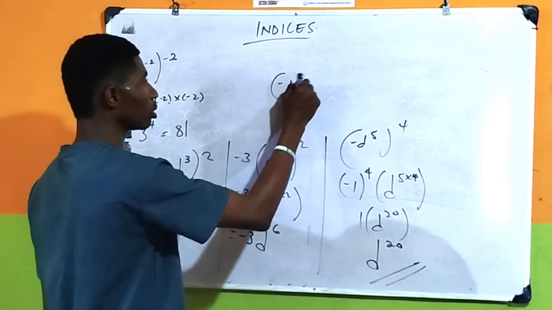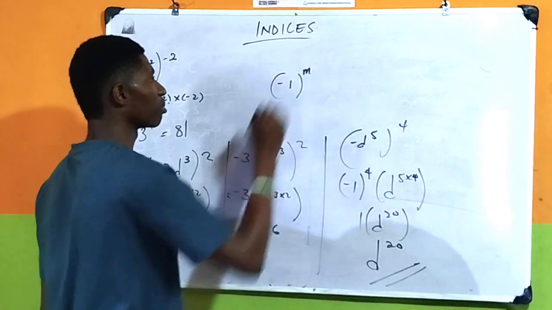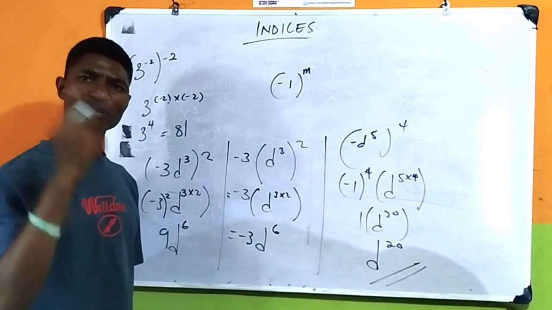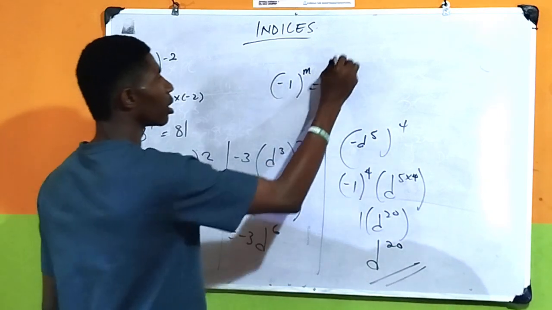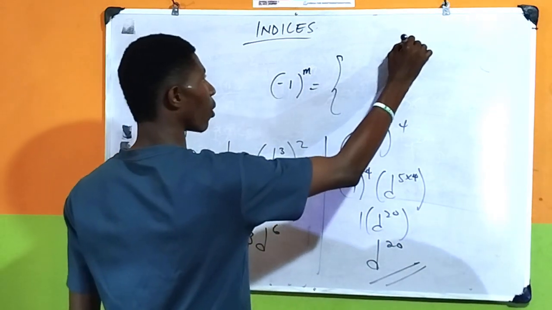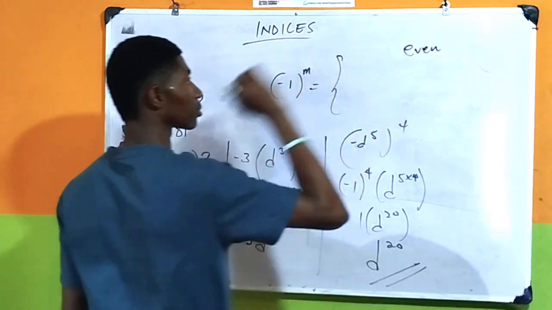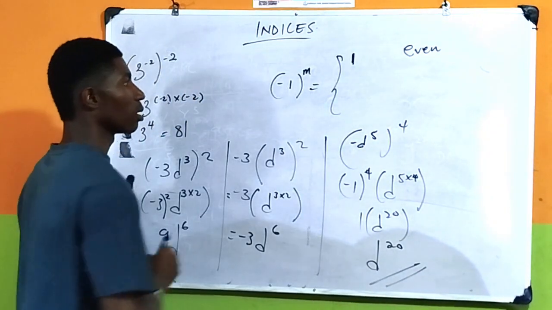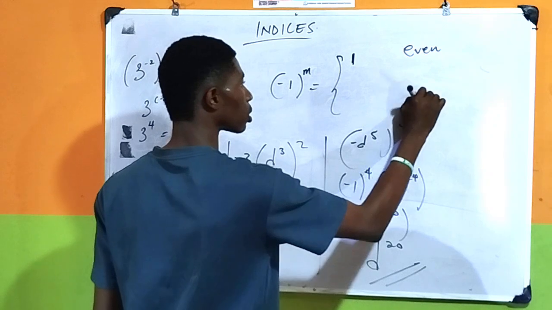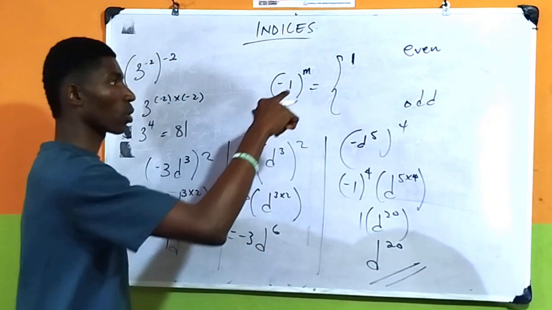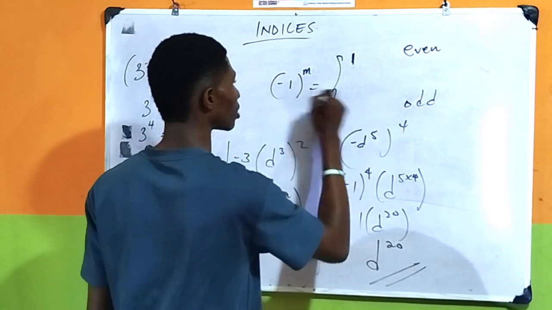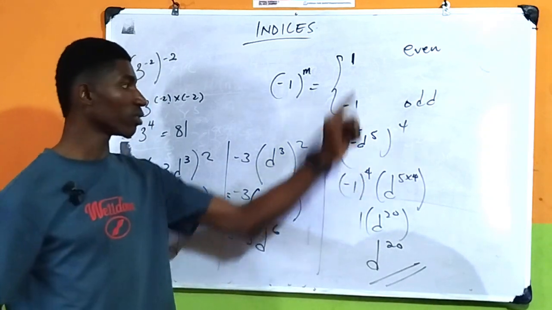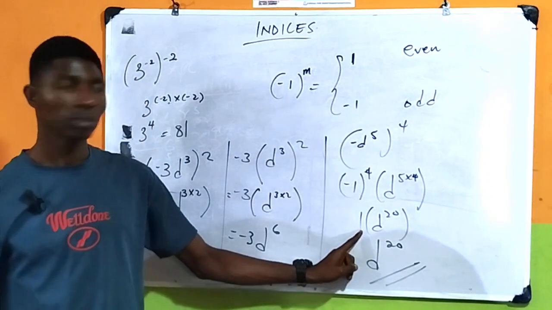Minus 1 to the power of n has two values. If n is even, your result will be positive 1. But if n is odd, then your answer is minus 1. In this case, we have minus 1 power 4. 4 is even, hence our answer is 1.